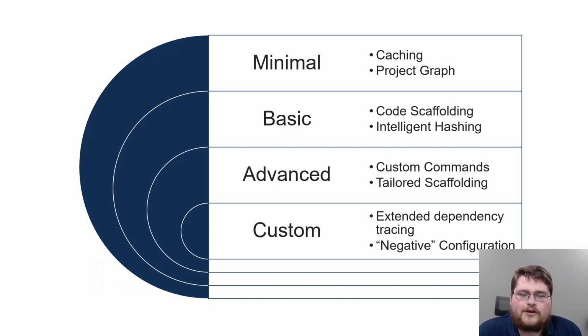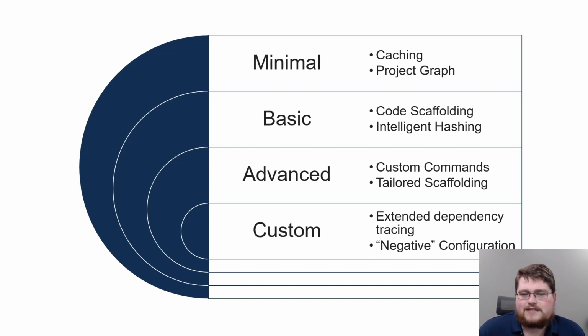Taking it a step further, we were able to bring in some more plugins with advanced NX that gave us access to some custom commands through NX workspace run commands and similar. And you can also do some things with the tailored scaffolding using workspace generators here. And then in a custom plugin workspace, you're able to bring in some dependency tracing that you might not otherwise be able to do.